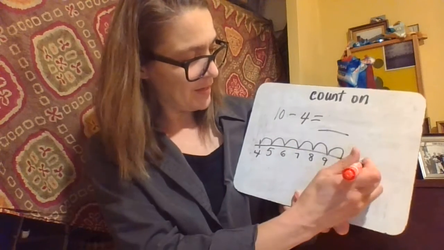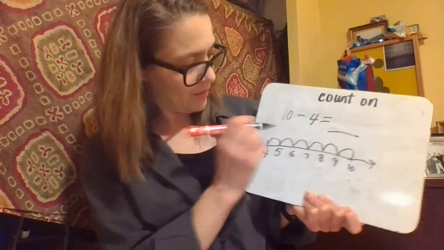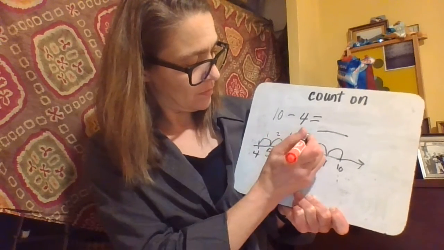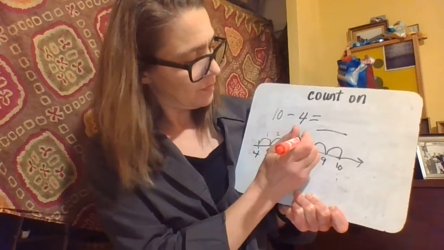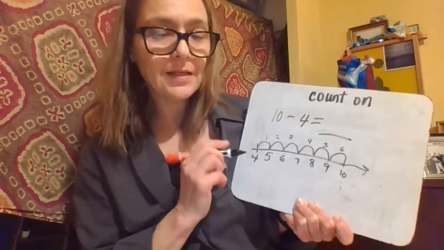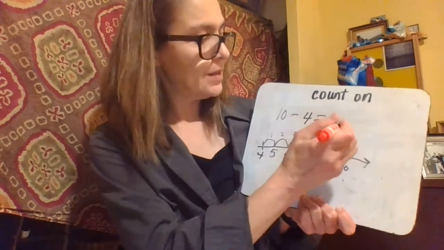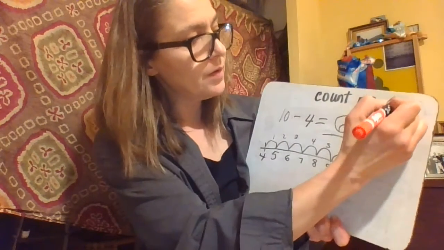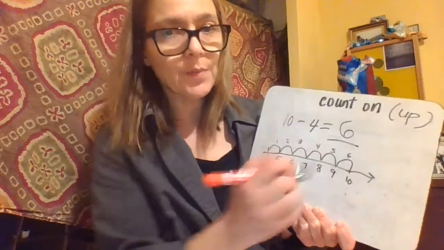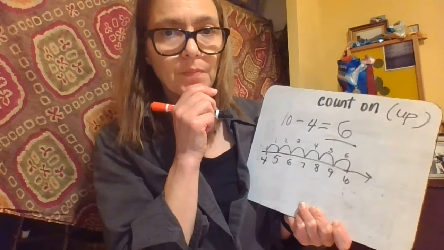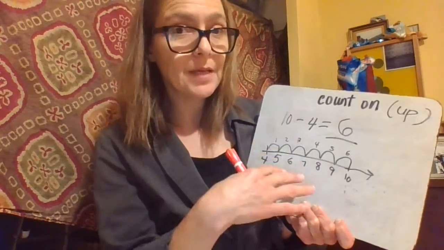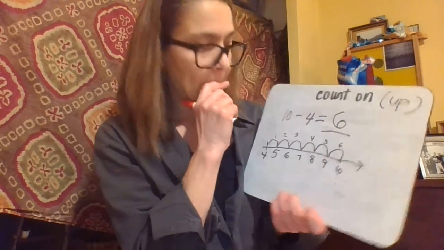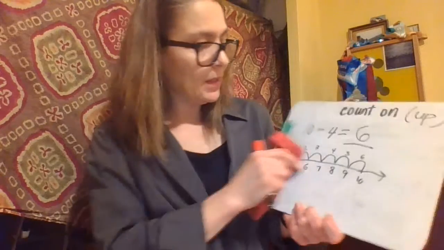So we have our number line, and this is counting up. And then we count 1, 2, 3, 4, 5, 6. And it's the jumps we made up to get to 10. This is counting on, or you might also know it as counting up. You should know both, and both are the same. Counting on is like counting up the number line.